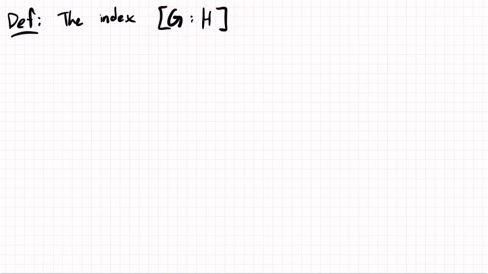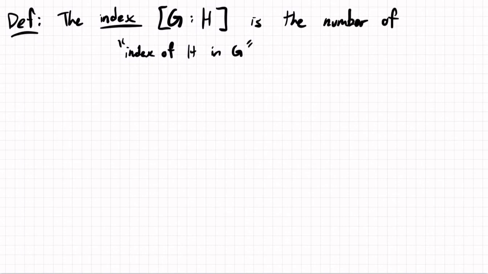You read this as the index of H in G. So the index of H in G is defined to be, because this is a definition, the number of, say, left cosets.